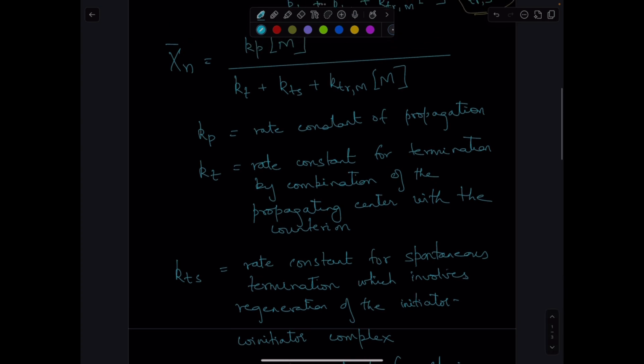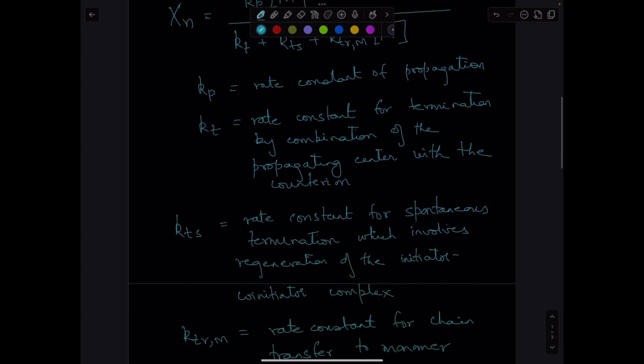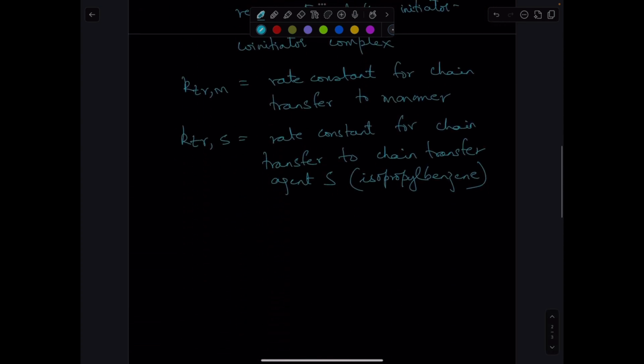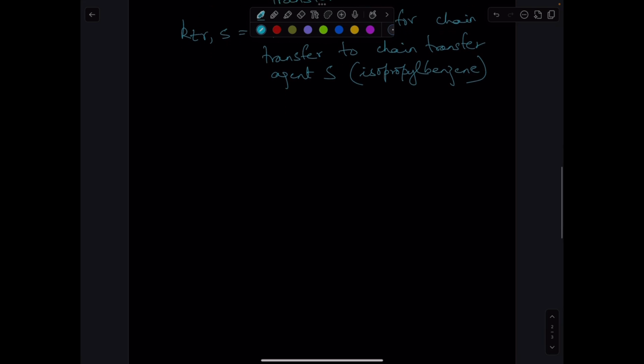Okay, so now let us plug in the values because it looks like all this data is given to us.